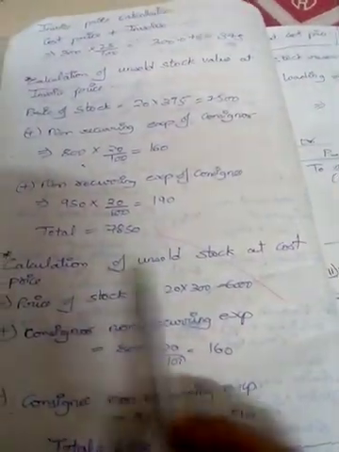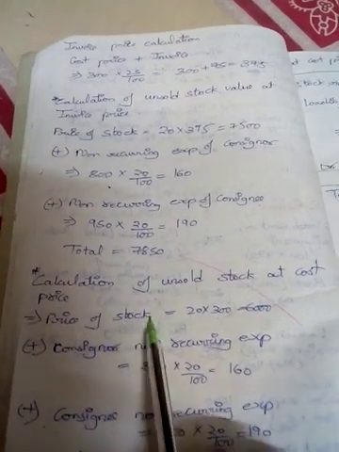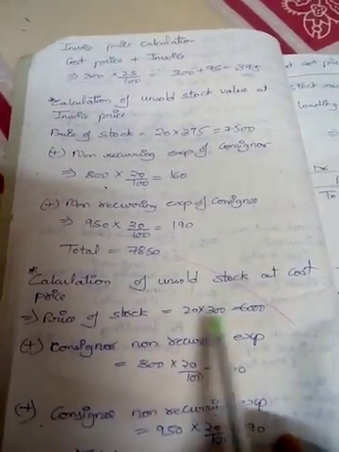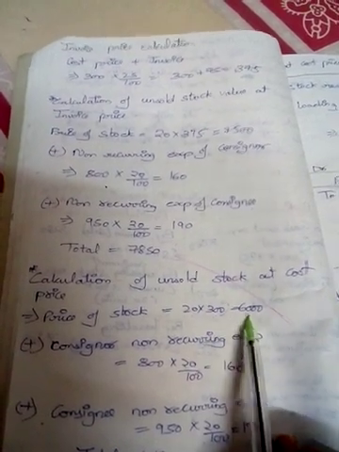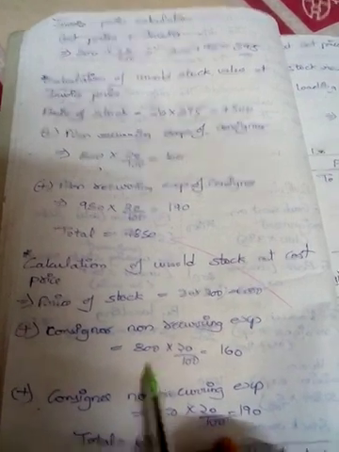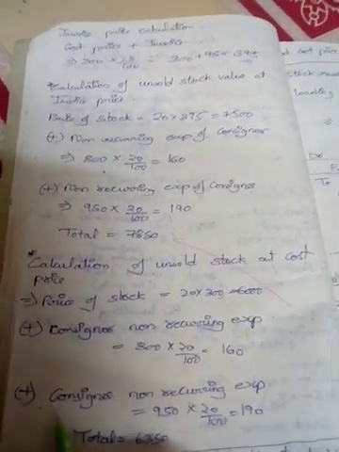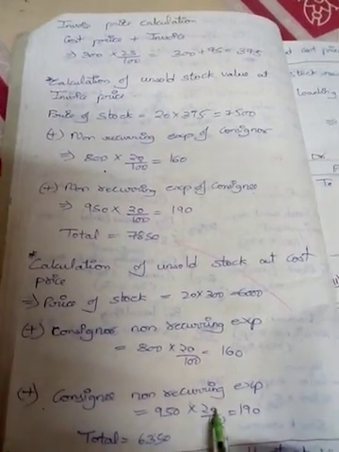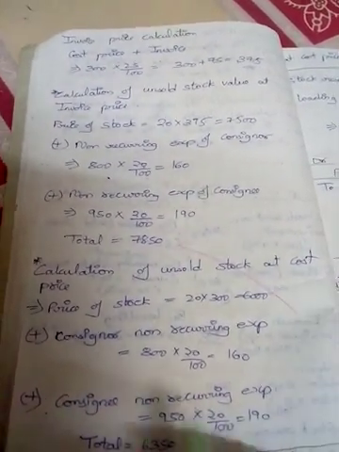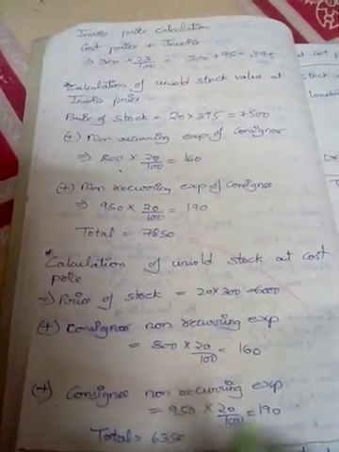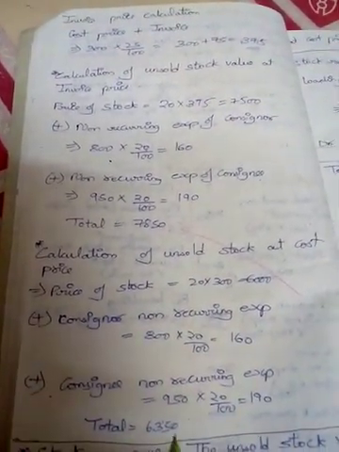Price of stock is 20 and here we are considering the cost price, that is 300. 20 into 300, it is 6,000. Plus consignor non-recurring expenses 800 into 20 divided by 100, 160, plus consignee non-recurring expenses 950 into 20 divided by 100, it is 190. Total value of consignment stock at cost price is 6,350.